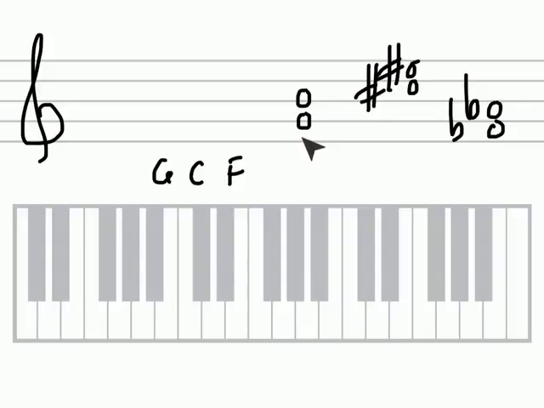The bottom note's G, there's G. Here, the bottom note's C sharp, it's in this GCF group. The bottom note's F flat, that's in the GCF group. Same accidentals, major third. Same accidentals, major third. Same accidentals here, major third.